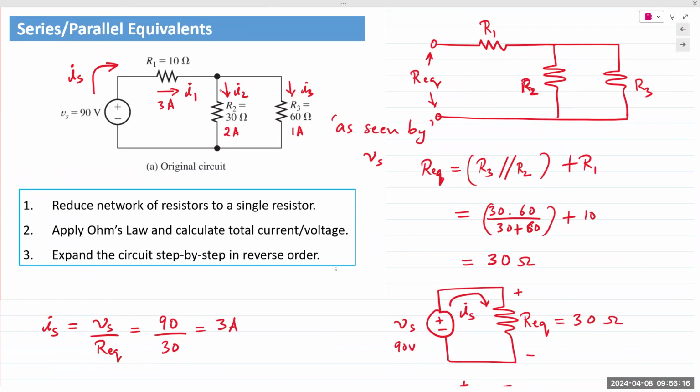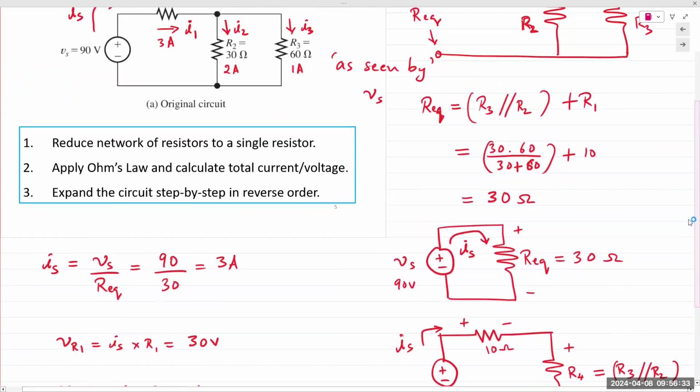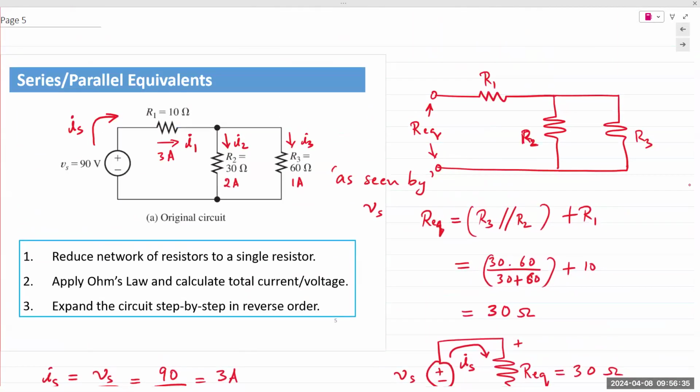What do you notice about the voltage relationship with the resistances and the current relationship with the resistances? So this was 10 ohms. That gives me a voltage of what? 30 volts, right? So go back up there. 30 volts. And this is 60 volts.